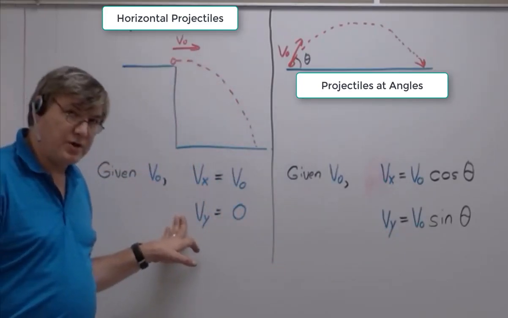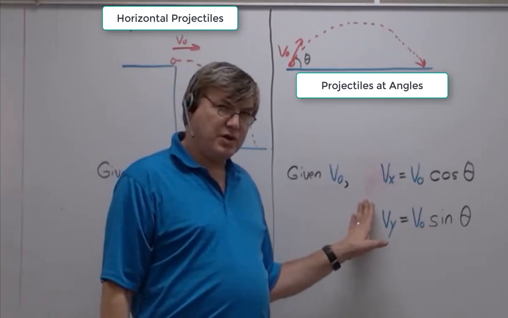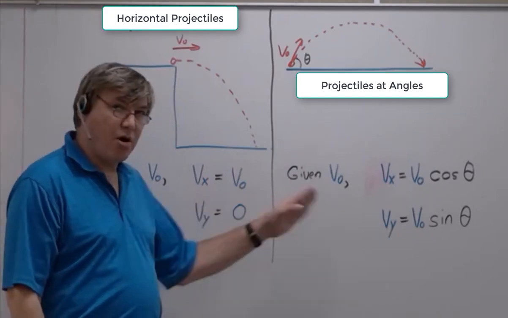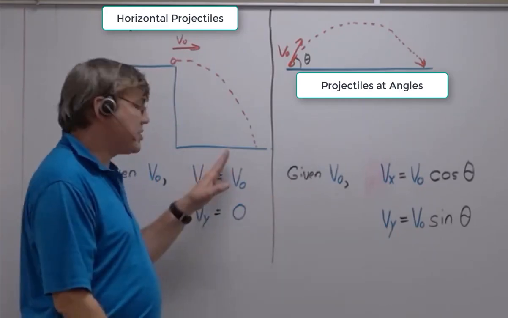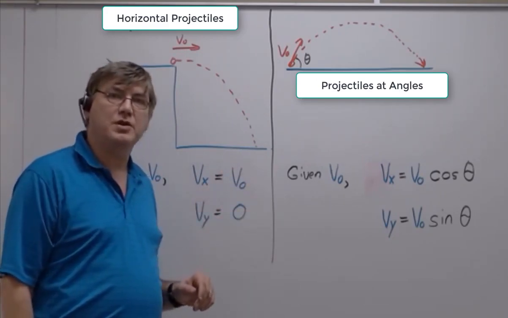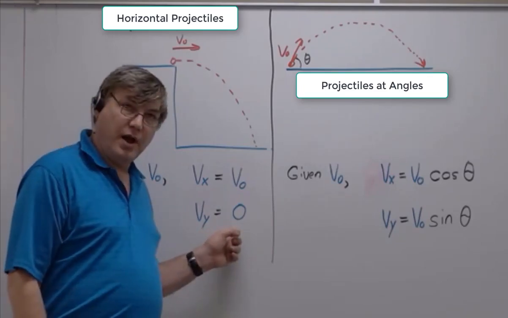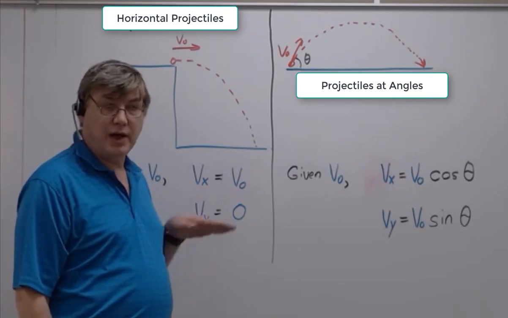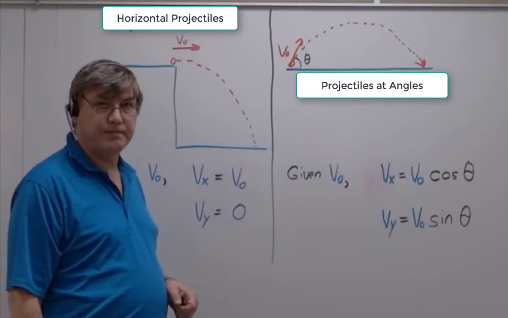In other words, it's the same. So you could use these equations for horizontal as well, and they really are the exact same equation. We've just gotten rid of the sines and cosines on this side because it's a special case where there's no vertical velocity because it starts off in only the horizontal direction.